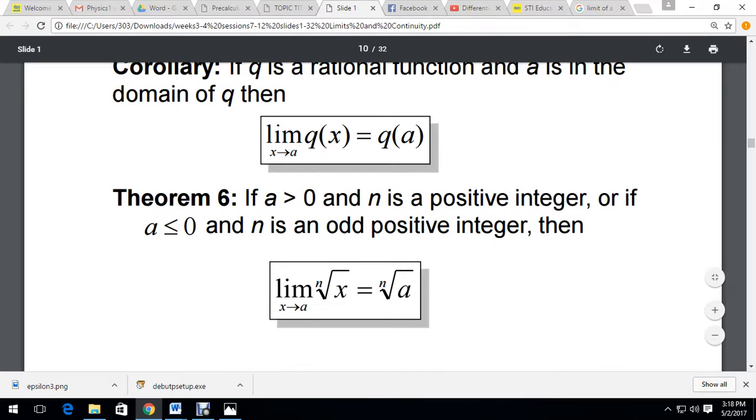Now, if you have the form of the function that has radicals, provided that a is positive and n is a positive integer, or if a is less than or equal to 0 and n is an odd positive integer, then the limit of the nth root of x as x approaches a is the nth root of a.